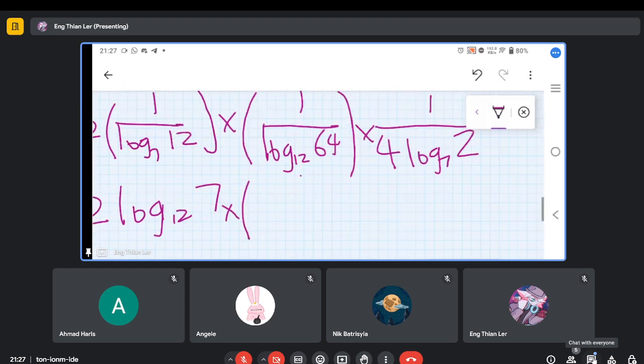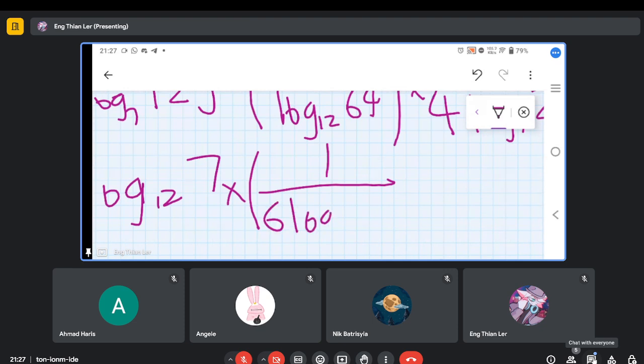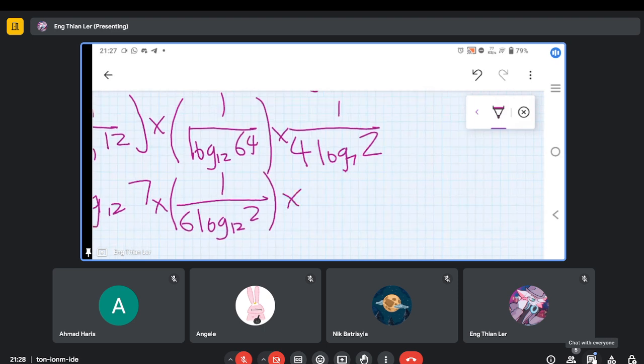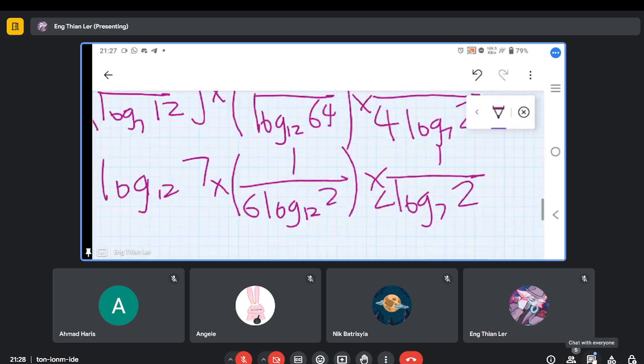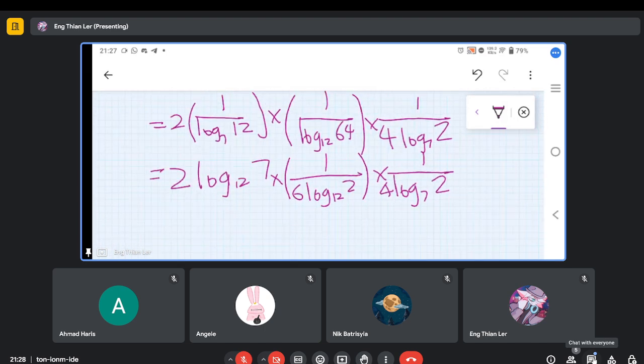Multiply by 2 to the power of 6. And then we got 1 over 4 log 7 base 2. And then let me look at this. Okay, we got log 12.